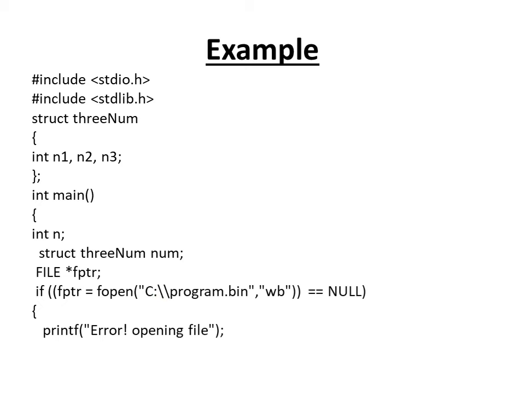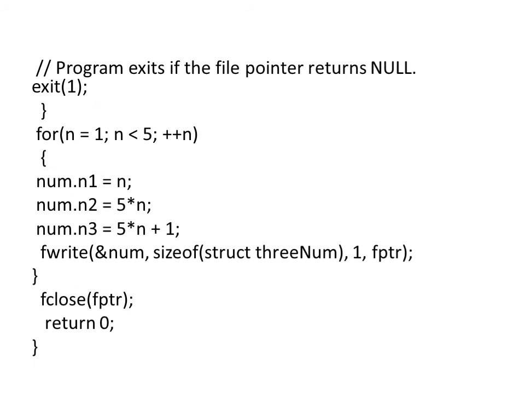Here I am opening the file, and if the file does not exist, that is NULL, it will print error opening, otherwise it will go into a loop. num.n1 equals n, num.n2 equals 5 times n, and the third is 5 times n plus 1.